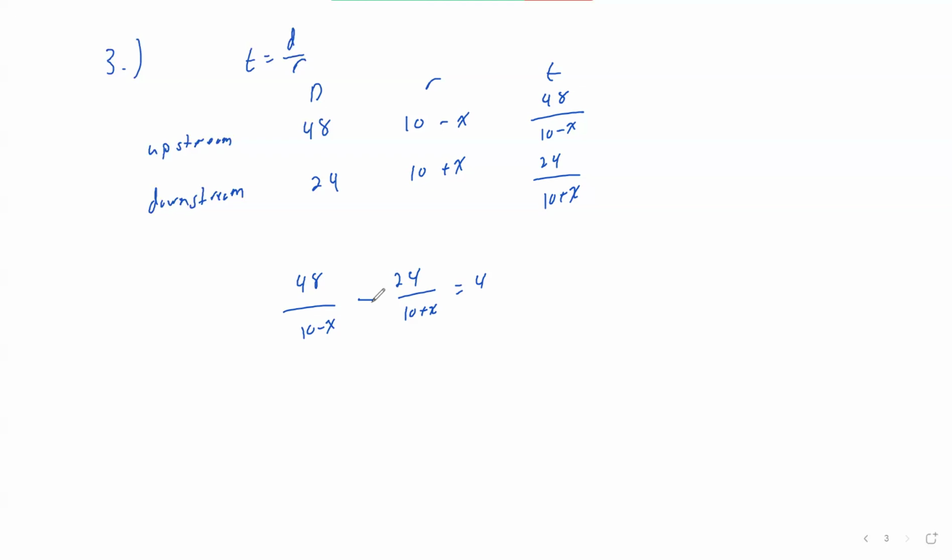Now, with this, we can then multiply by our denominators of 10 minus x and 10 plus x to everything.